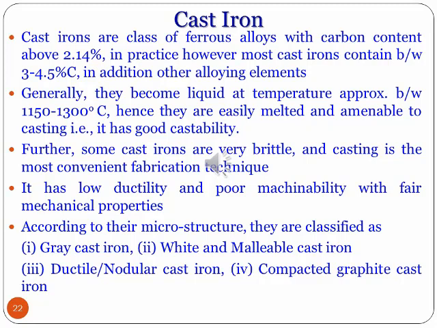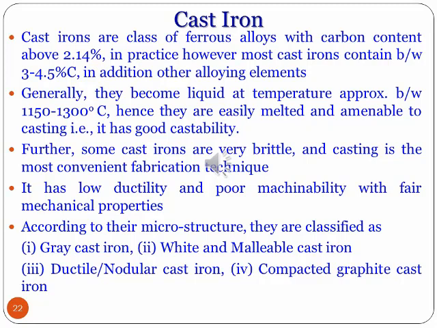In the sense, they have a melting point between 1150 and 1300 degrees Celsius. Hence, they can be easily melted and cast into the desired shape. Hence, they have good castability. Further, some cast irons are very brittle and casting is a more convenient fabrication technique. It has low ductility and poor machinability with fair mechanical properties.